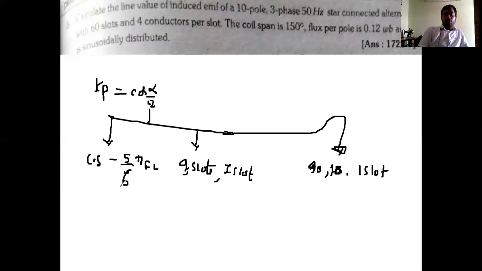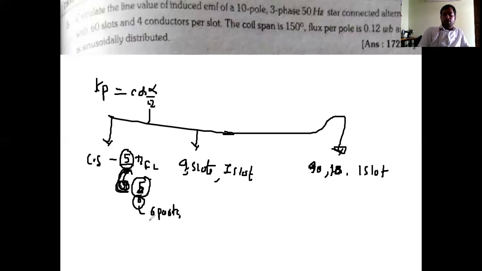So here 5 by 6 of full pitch means 6 slots are available, but the coil is distributed in 5 slots. Otherwise, the coil is fully spaced with 6 parts.